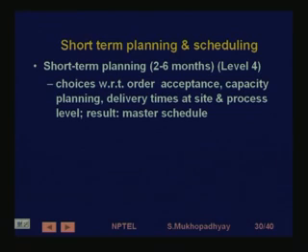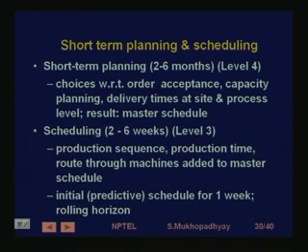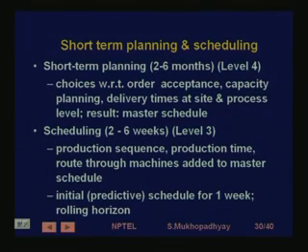And that process is basically short term planning and scheduling. Short term planning is something you do in the business system, typically at level 4, where you make choices with respect to order acceptance, capacity planning, delivery times at sites, etc. Then you take these short term plans and further augment them with actual production sequences, production times, routes through the machines, etc. And then you elaborate them week by week, day by day, so that you have a much more detailed schedule.